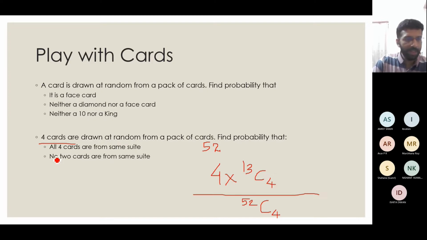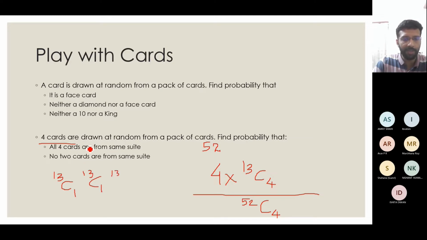a similar question we will see, but here we will put a restriction. 4 cards are there, but I need to find the probability that each of the cards is from a different suit. So that means I take 1 card from one suit, the next card will be from some other suit, again 13C1.